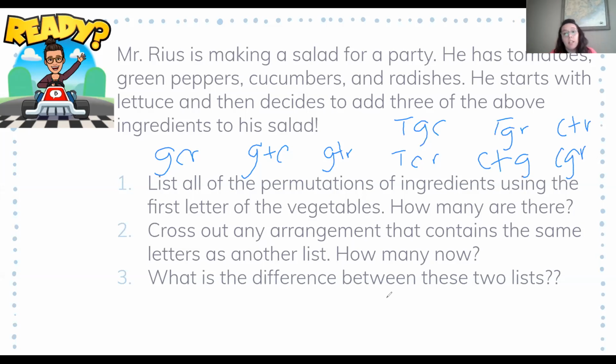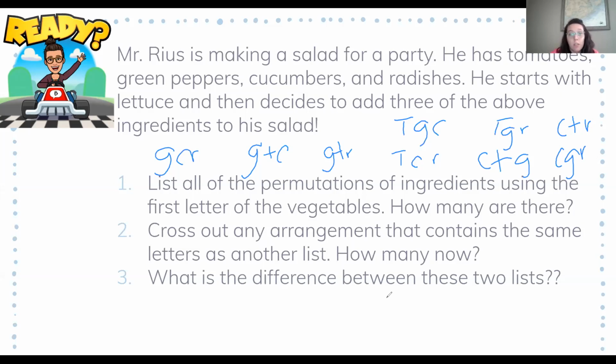So looking at this, the first question asks how many permutations are there? So it would be 9. Then the next question is asking you to cross out any arrangements that contain the same letters as another list.